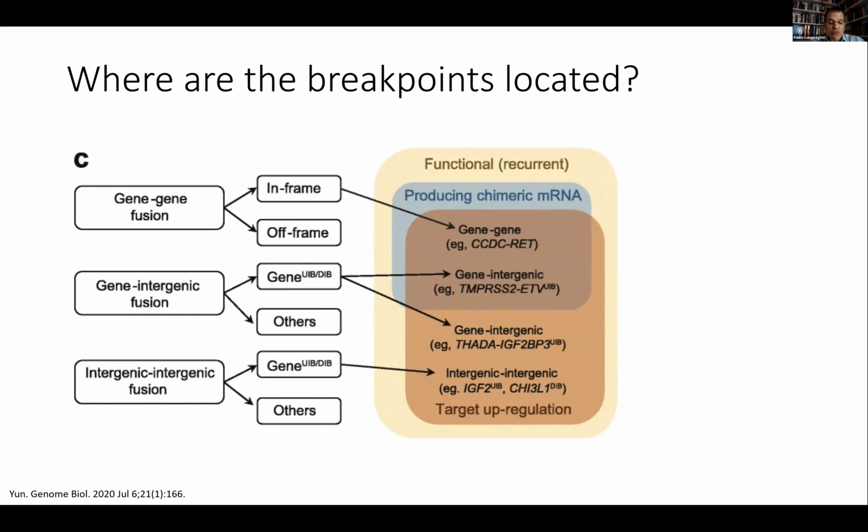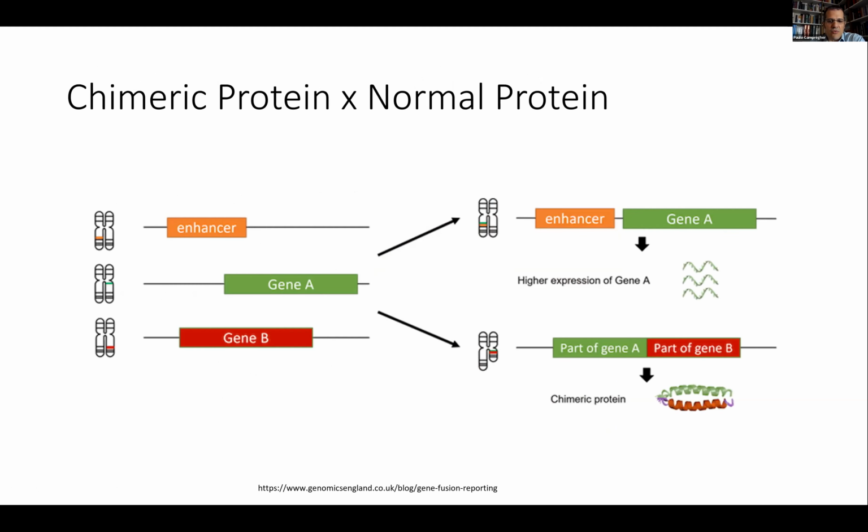And this will lead to fusions with different flavors, let's call that, right? Some fusions will produce a chimeric mRNA. Other fusions will not produce a chimeric RNA and will exert their pathogenic effects in other ways.